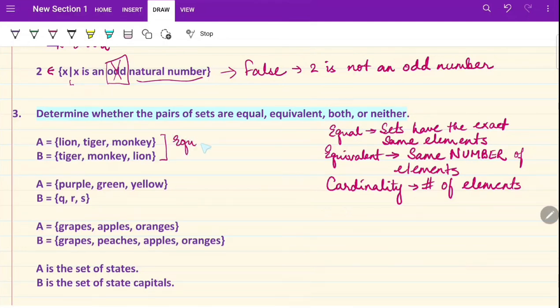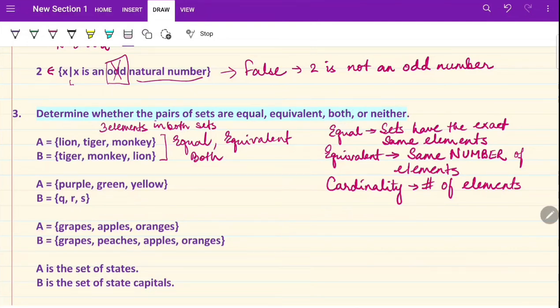They have exactly the same elements, and the cardinality, the number of elements in A is 3, and 3 elements in B as well. And that's what makes it equivalent. So it's not only equal, it's also equivalent. So the answer should be both, right? So let's mark it as both.